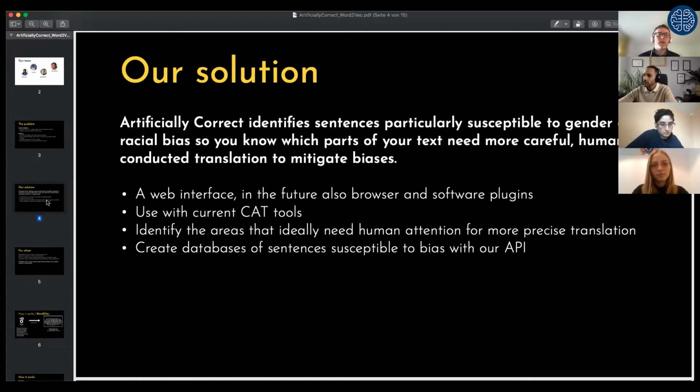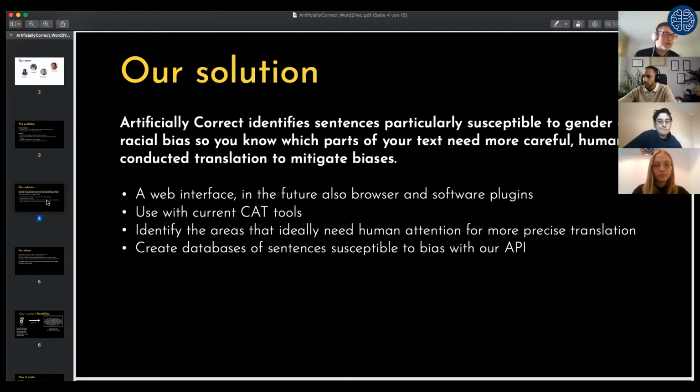And there we didn't just want to focus on gender. We wanted to focus also on racial bias, which we think is very important. And more importantly, we didn't just want to look at one language, English, but we wanted a holistic approach that can be used on all different languages. So whatever language you have, this tool can be used for it.